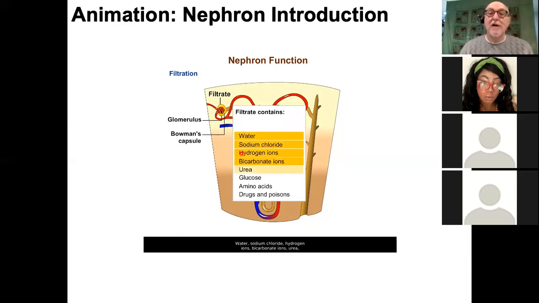This is all in the filtrate. That needs to be taken out. That needs to be resorbed. Those are the nutrients. They need to be resorbed. This is everything that gets absorbed: water, sodium chloride, the ions, glucose, amino acids.